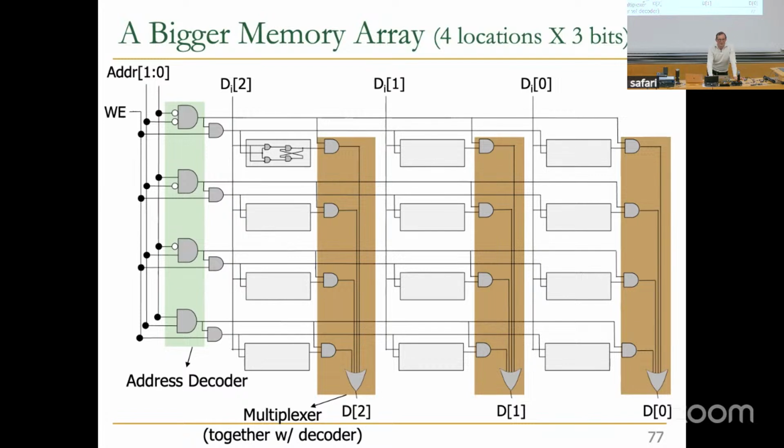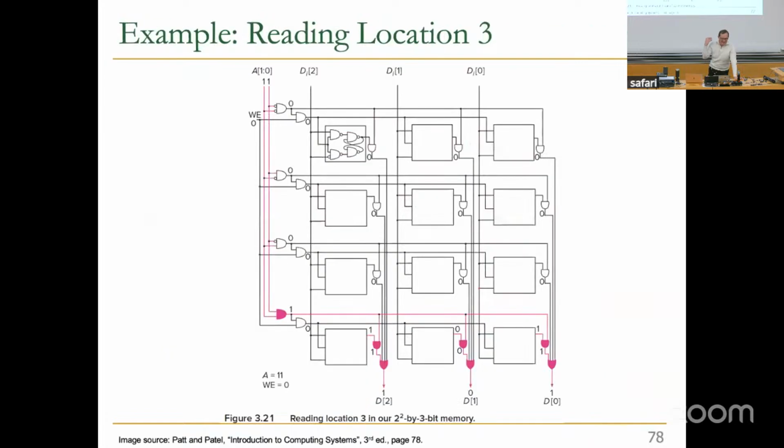Hopefully, everybody understands it. Now, this is an example from one of the books on reading location 3. You can read location 3: supply address 11, set write enable to 0. These are the gates and wires that are enabled. As you can see, the data that's stored in location 3 latches gets propagated to output of the memory.